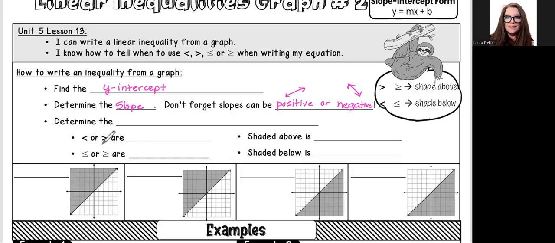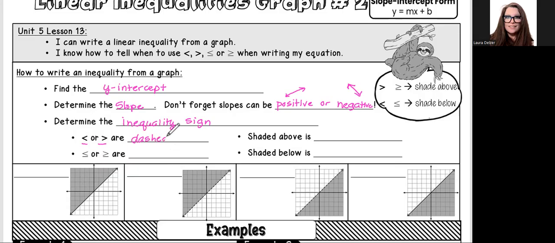All right, we're going to determine my inequality sign, and there are a couple of ways that we determine what my inequality sign should be. One of the first ways is whether it's the type of inequality that's just a less than or greater than. This is going to be a dashed line.